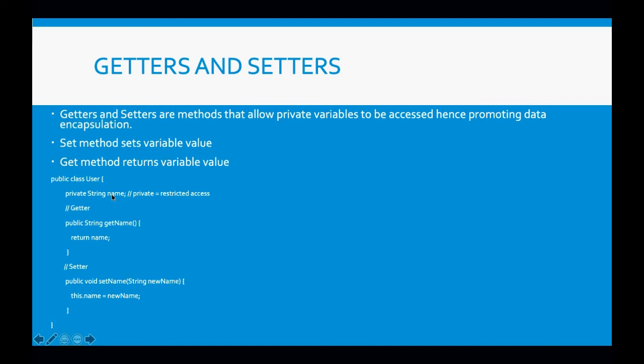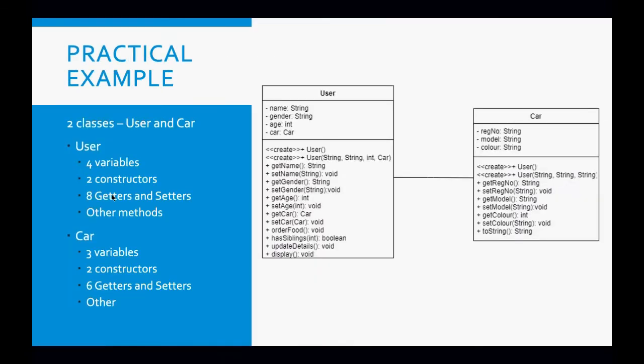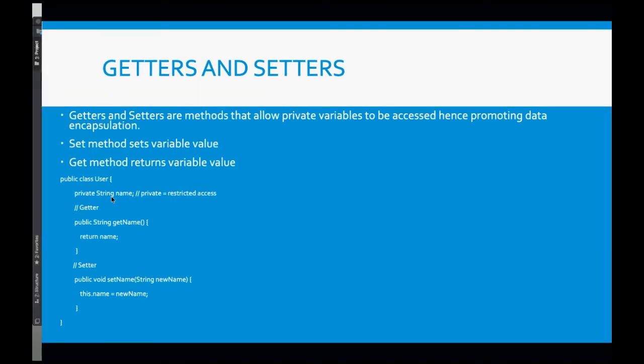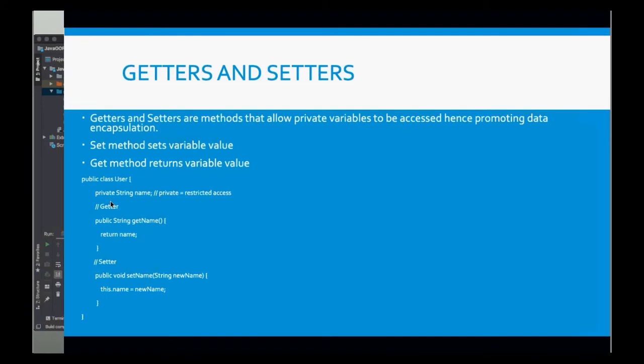So we're going to create getters and setters for my class called user. I'm going to go over to my class, change my name from public to private, because I don't want people to access it anyhow.